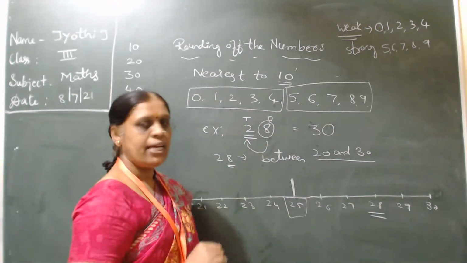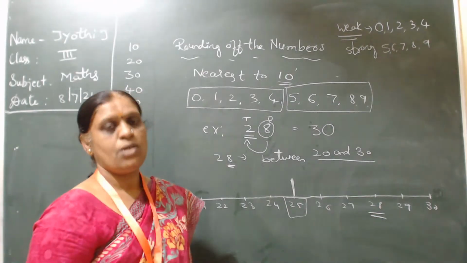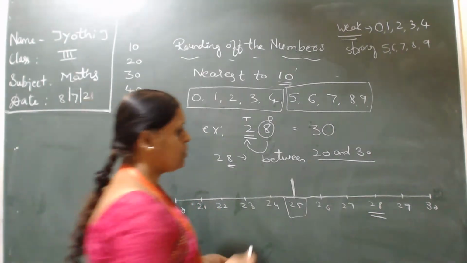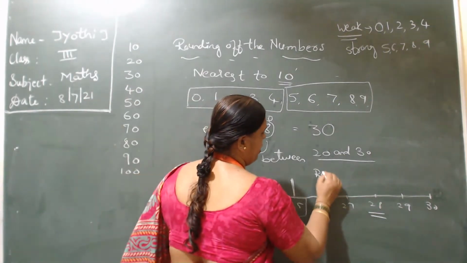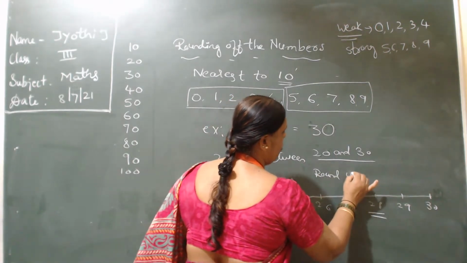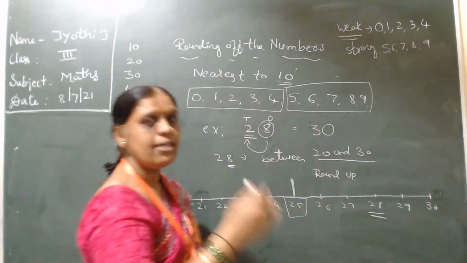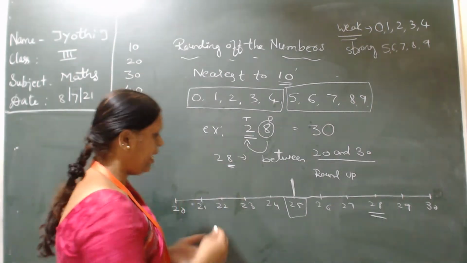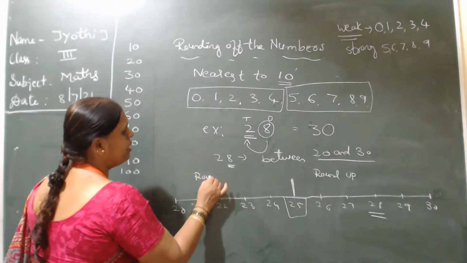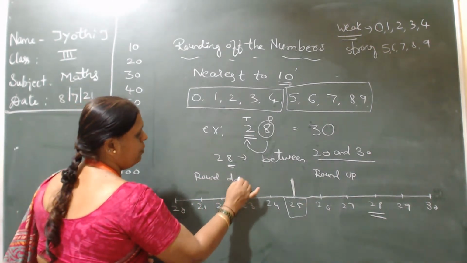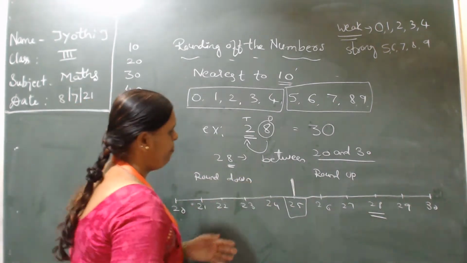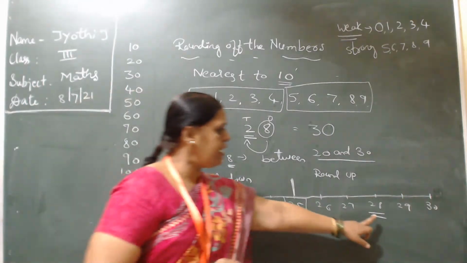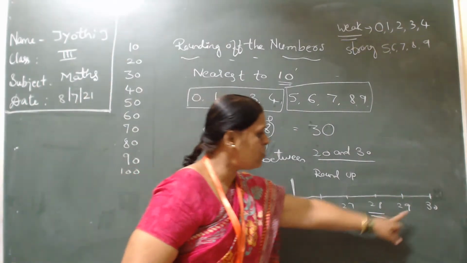When the digit is 5 or more, we should round up, which means we go to the next number. If the digit is less than 5, we should round down. So our 28 is nearest to 30.